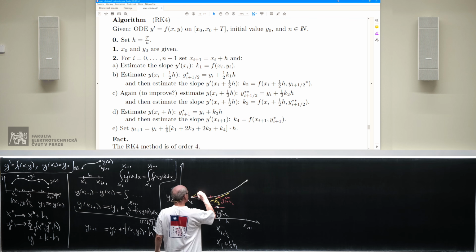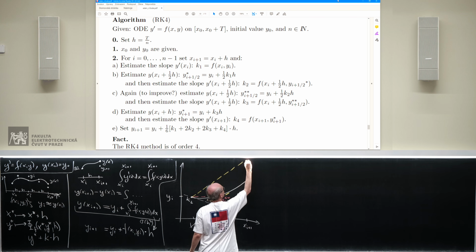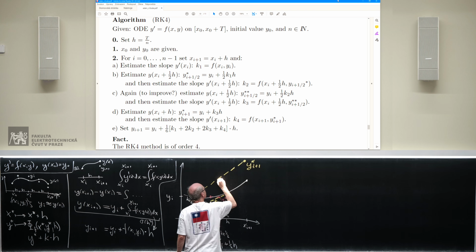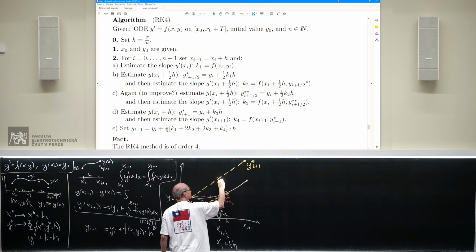Step 3, we are moving here the whole way up to here, and what we have here is y_i plus 1, but a temporary one. And again, this direction is parallel to this direction.